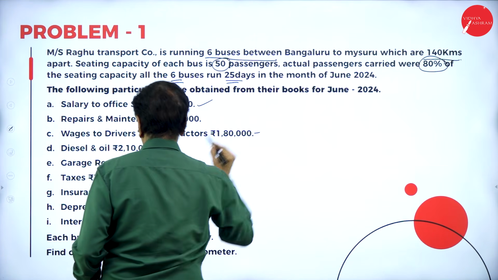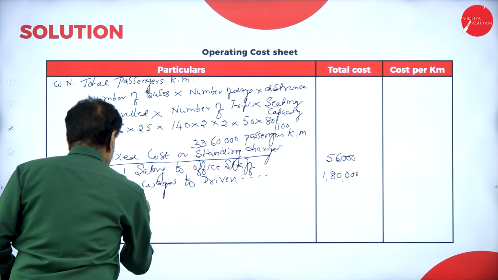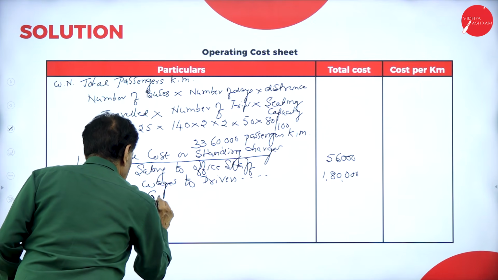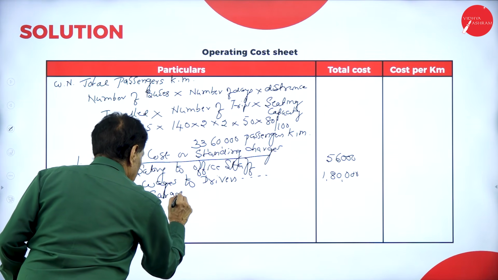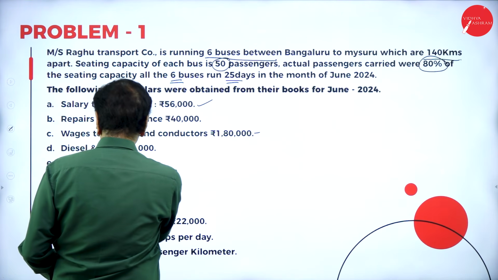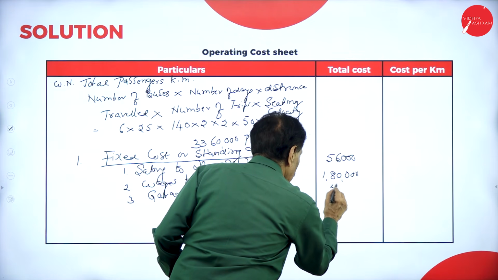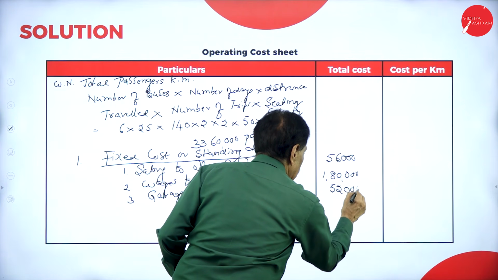Then diesel variable, garage rent, what's the value? 52,000 on fixed.